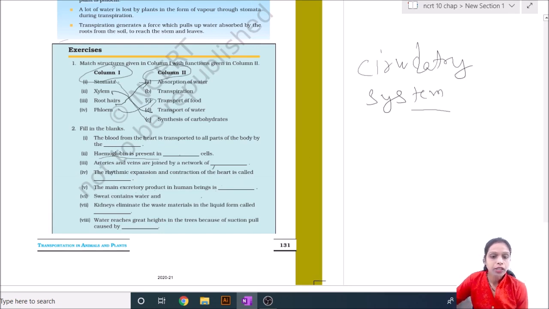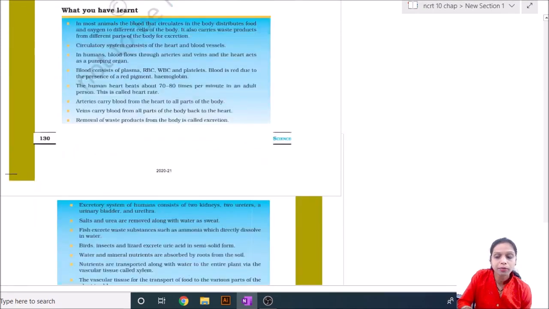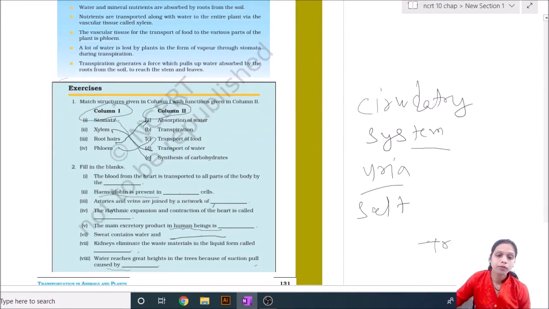The main excretory product in human beings is called urea. Sweat contains water and salt, and the kidney eliminates the waste material in liquid form called urine. Water reaches greater height in a tree because of the suction pull caused by transpiration.